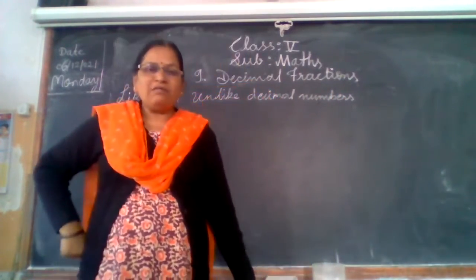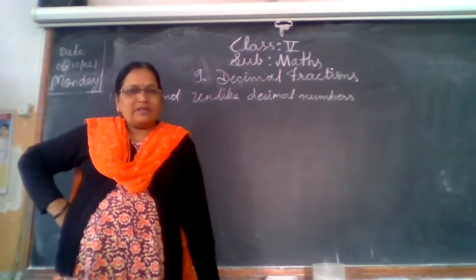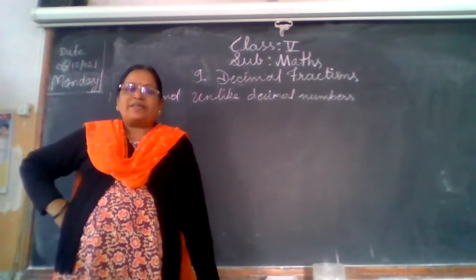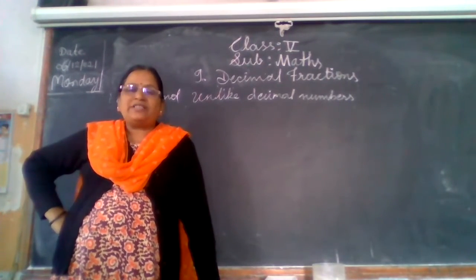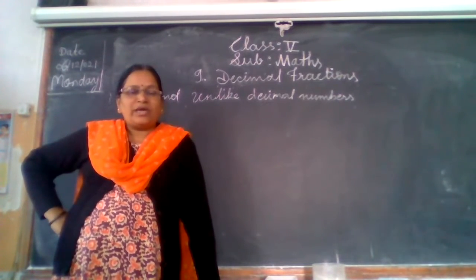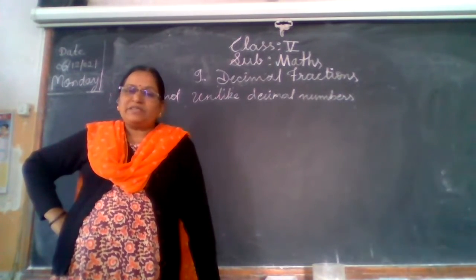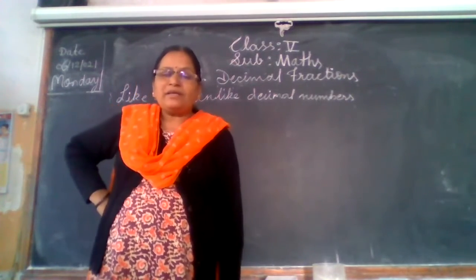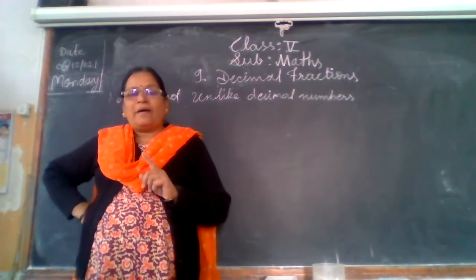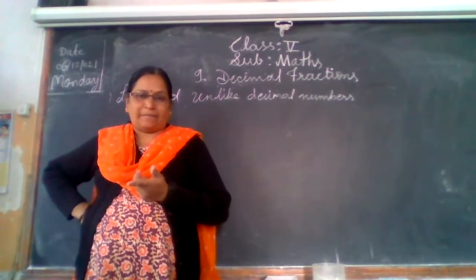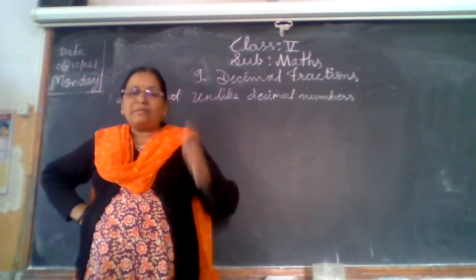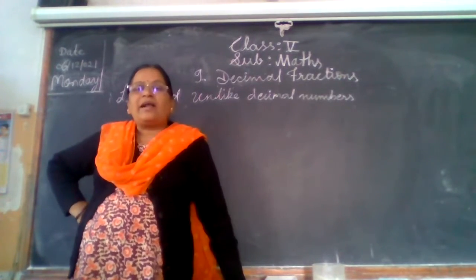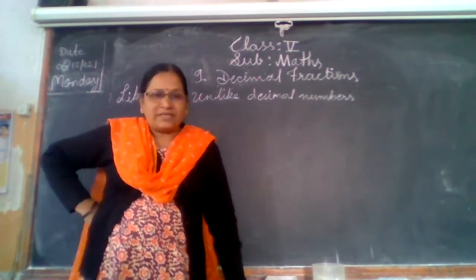Before that, we have learned like and unlike fractions. What are like and unlike fractions? Fractions having the same denominators are like fractions, and fractions having different denominators are unlike fractions. But like and unlike decimal numbers means, like decimals means numbers having the same decimal places. Means after the decimal point, they are having the same decimal places. Unlike means having different decimal places.